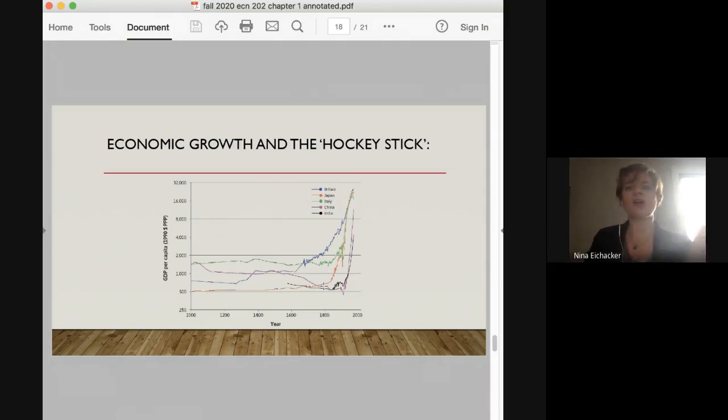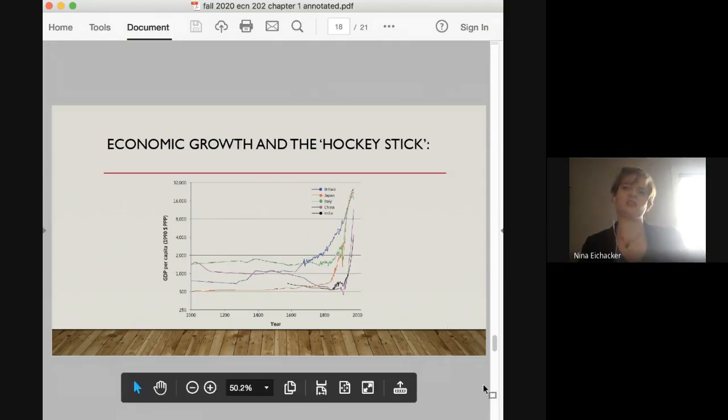And what we see is, while the moment of takeoff differs economy by economy, we see this rapid acceleration down here, moving up, starting sometime in the 1700s if we're talking about Britain, starting in the 19th century when we're talking about other economies, and then really getting going in the late 20th century, or the mid 20th century, in countries like India and China.